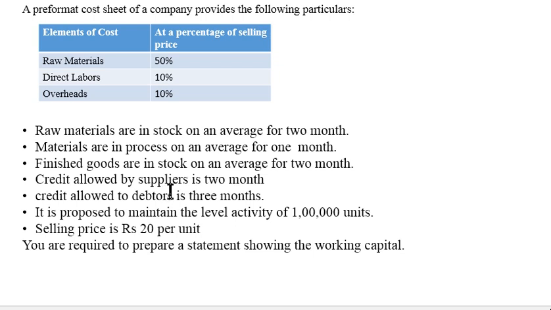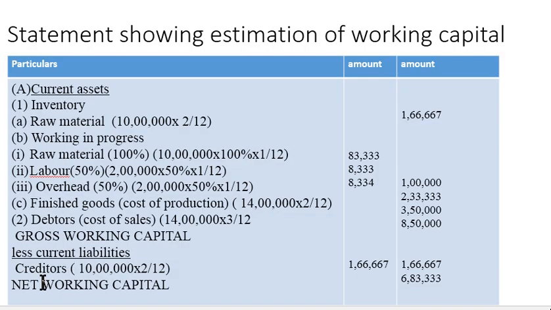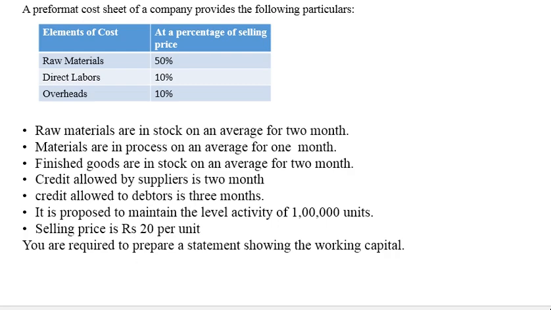Suppliers are nothing but the creditors. Suppliers are those who supply the goods on credit. So when suppliers provide you credit, they are called creditors. So creditors is 2 months, 10 lakh into 2 by 12, 1,66,667. Because there are no other outstanding expenses in the problem, I'll take only one here.